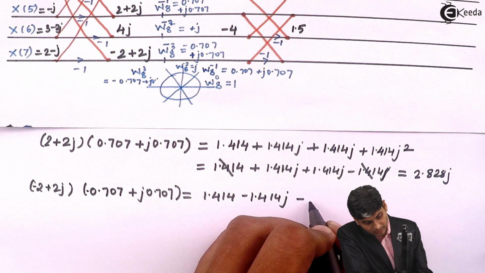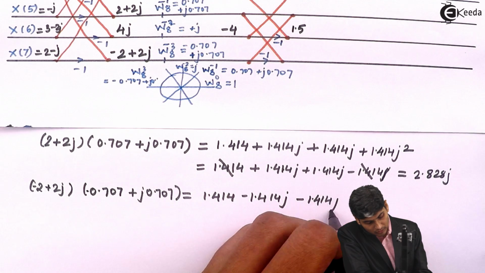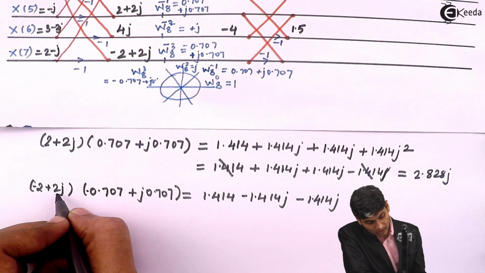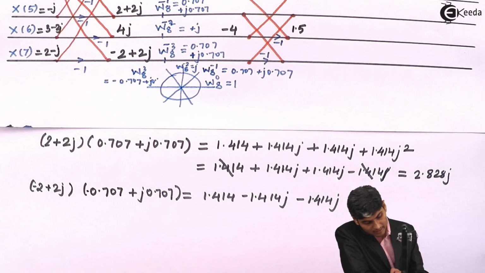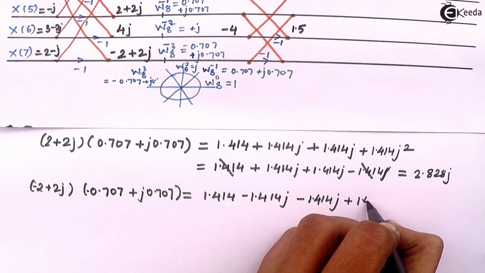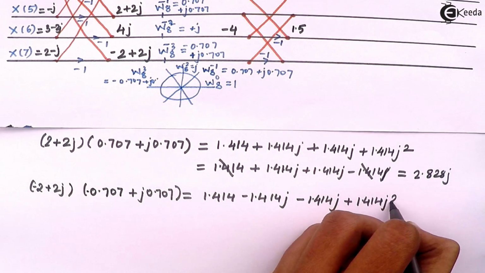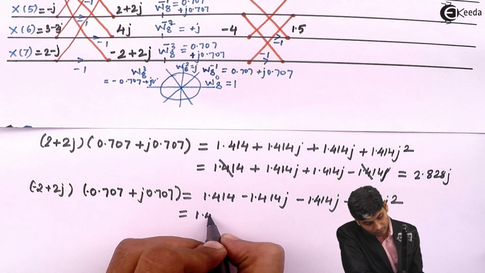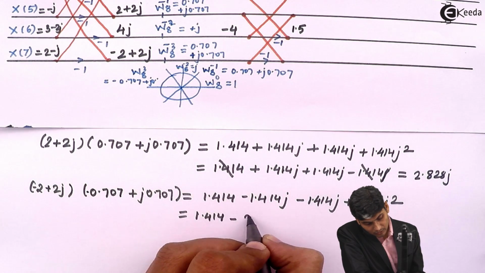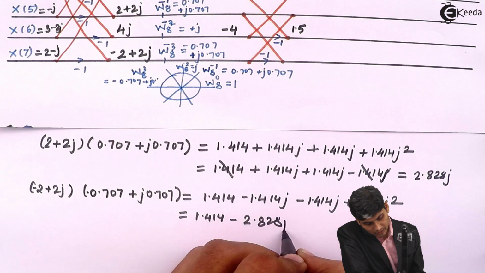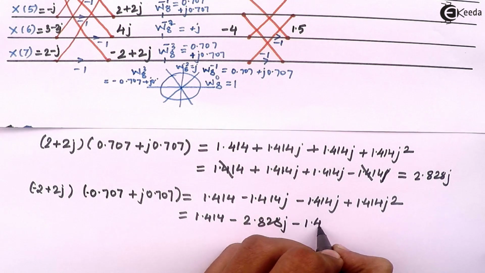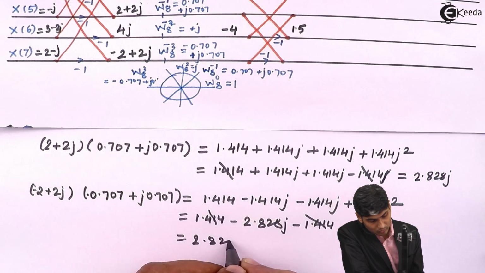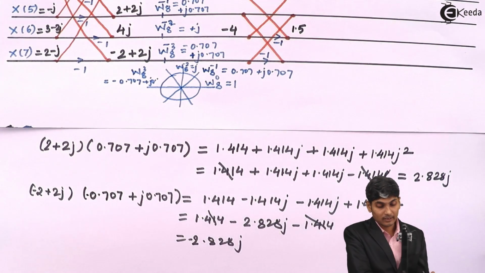This will give me minus 1.414j, this is the imaginary part, and then here I will get plus 1.414j square. Okay. Then I will have 1.414, this will give me minus 2.828j, and this will be minus 1.414. So that will get cancelled, and I'll get 2.828j with a minus sign.